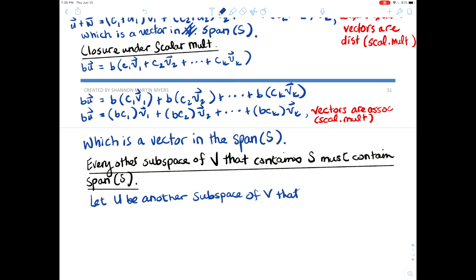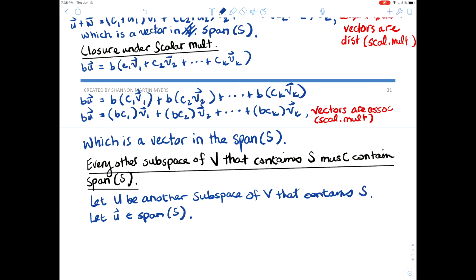And it's got to contain S. Cool, cool. So let's let U, the vector U, belong to the span of S.